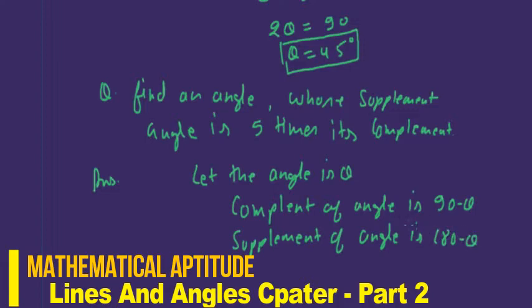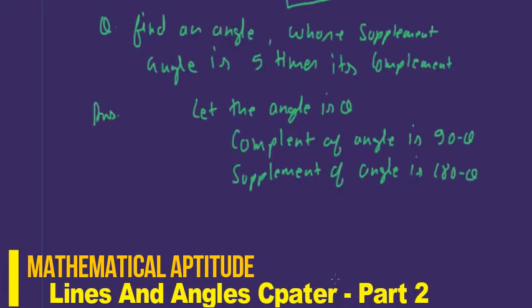As we know that in supplement the sum of the angles is 180 degree. If the angle is theta, then its supplement should be 180 minus theta. According to the question, the supplement angle, that is 180 minus theta, is 5 times its complement, that is 90 minus theta.